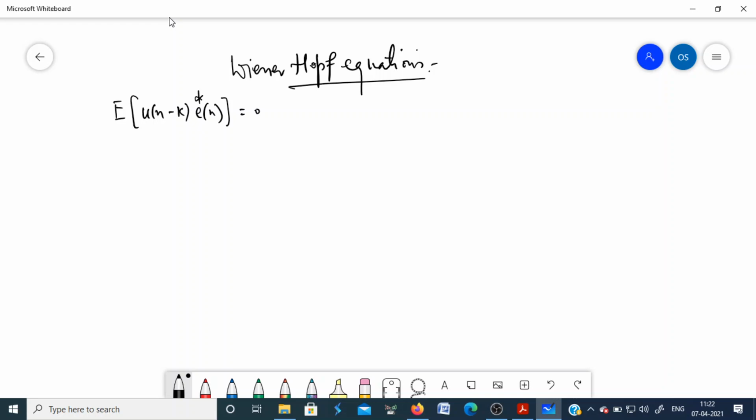And this e(n) was the error sequence, which is d(n) minus y(n), and this y(n) is the response of the filter, which was expressed as a linear combination of filter weights with the input sequence. In general, we assume that the filter has an infinite impulse response, or the filter coefficients are infinite in length, but later on we will fix this condition to a finite impulse response.